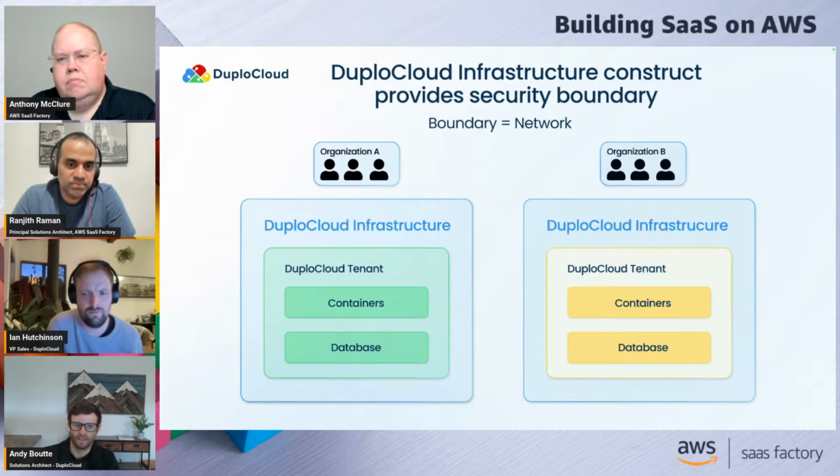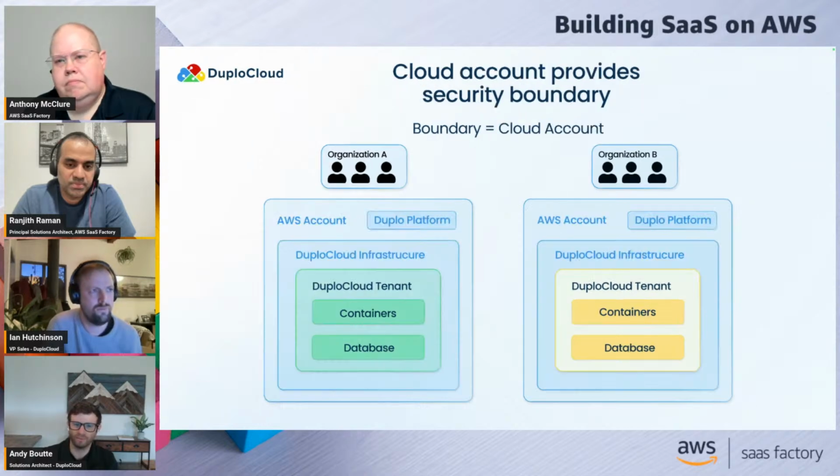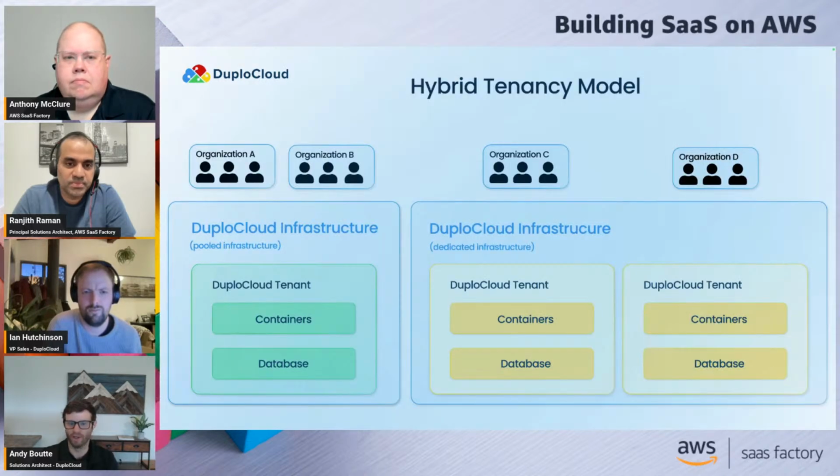Next concept is we can do a DuploCloud infrastructure per customer. So this is a more severe isolation between customers, and the boundary would be the network layer. And then we can go to another even more extreme level of doing multiple cloud accounts, one AWS account per customer if we need that level of isolation. And then we support a bunch of hybrid models depending on what the requirements are for our customers.